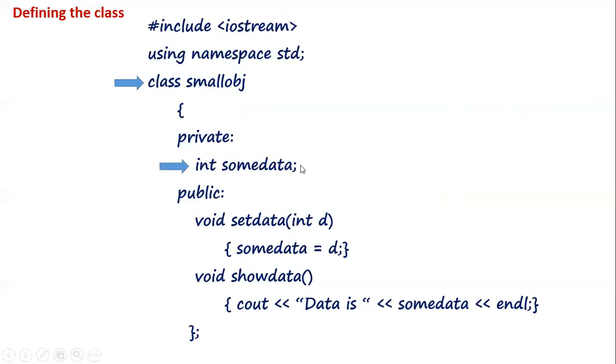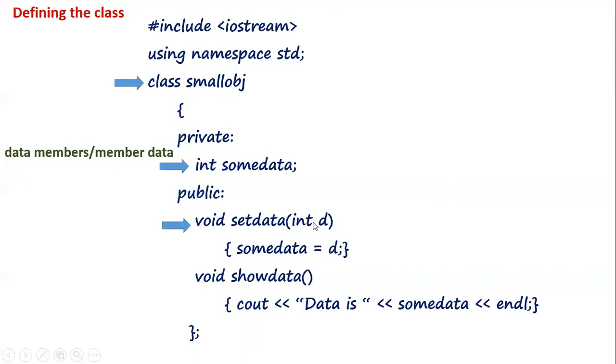Next we have a data item here. This variable is named some data, and it is of integer type, so I have written int some data. This is called a data member or member data. Now we can see there are two functions. The first function is void set data(int d); we use void because this function doesn't return any value.